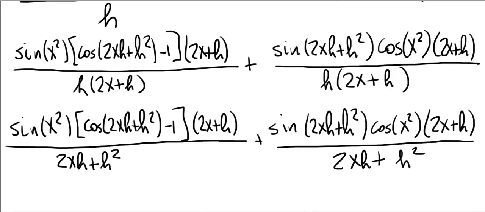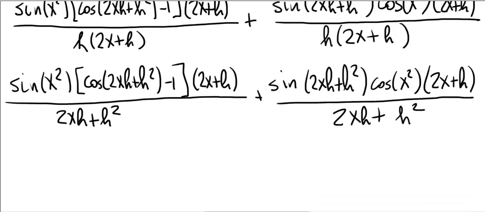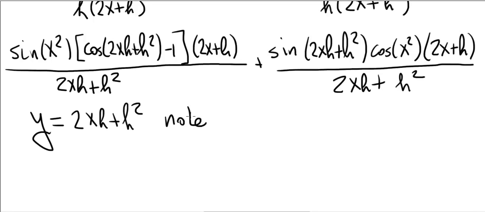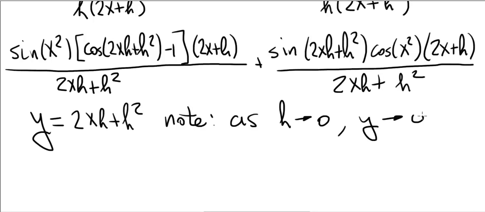Now our next step is to let y equal 2xh plus h squared, and note that as h approaches 0, y also heads to 0. That's important. We're now ready to go to step 4, but before we do that, let's rewrite this one more time.